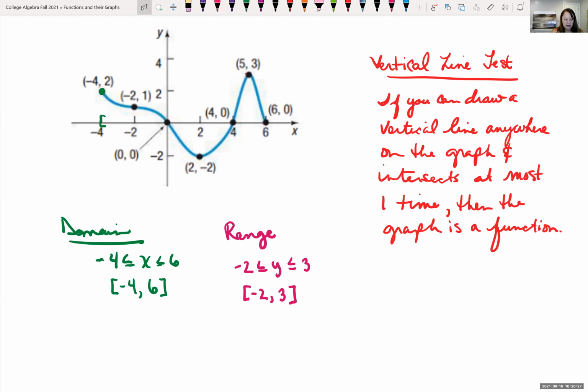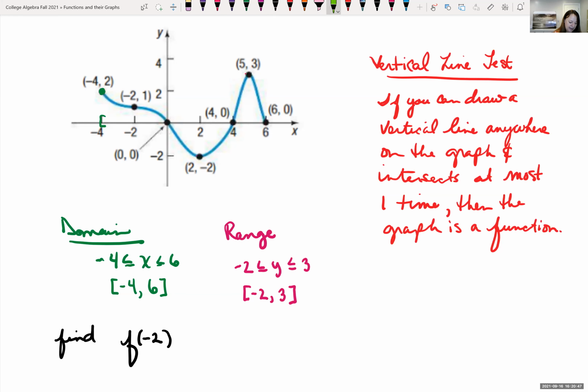Looking at this, you should be able to answer certain questions. So for instance, if they said find f of -2, you need to know what that is saying and what it's representing.